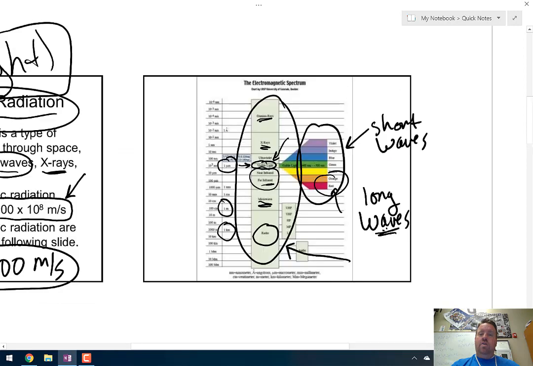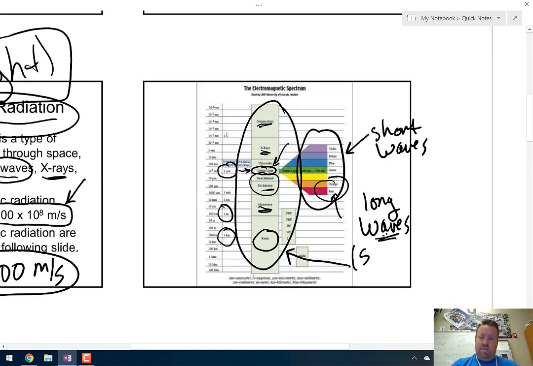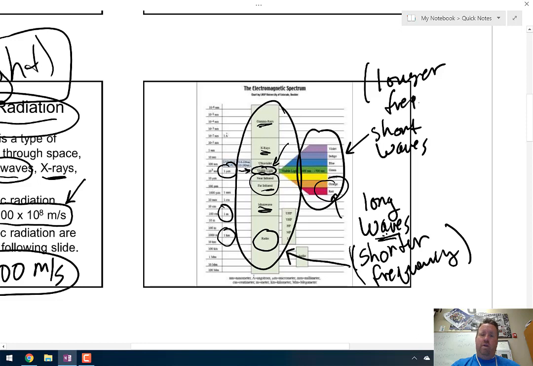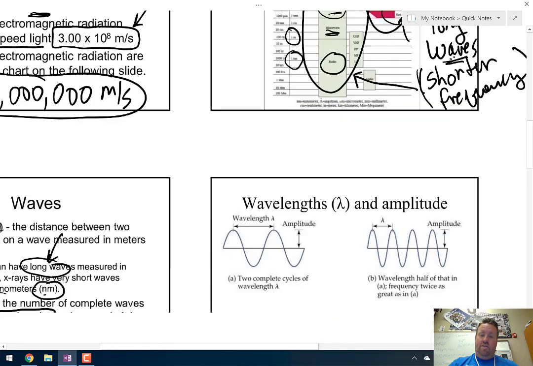So longer waves means shorter frequency. And therefore, the shorter the wave, the larger or longer the frequency, however you want to say it. A long wave produces a frequency that is smaller, however you want to think about it is fine.